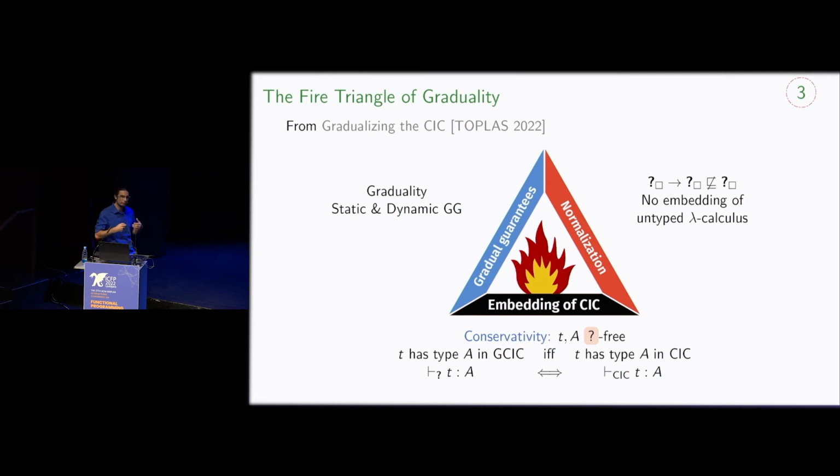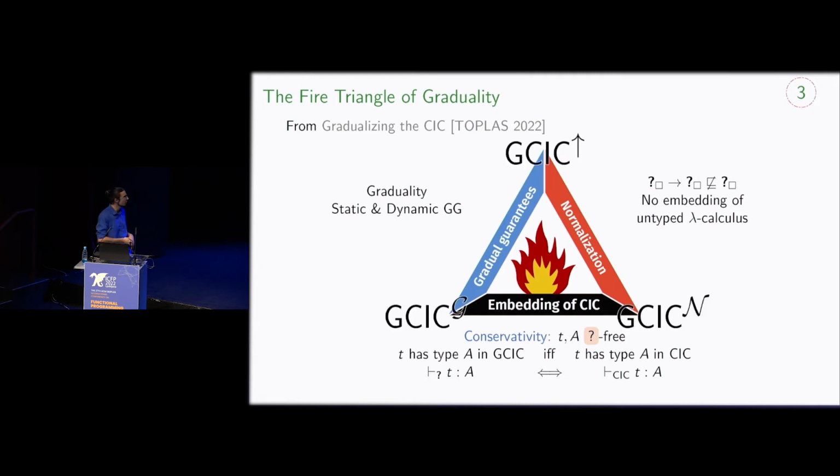And in order to have a proof assistant, normalization cannot be traded. We want to have normalization to ensure that we can actually have a decidable type checking algorithm and that we can actually implement our proof assistant. Moreover, we cannot trade the embedding of the base calculus because we want to be able to reuse all programs from the existing literature, from existing code programs.